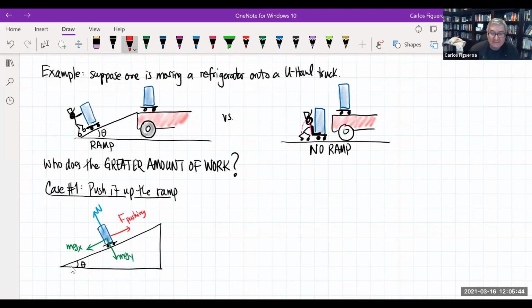Now, to make things simpler, we're going to assume that there is zero acceleration. So we have an assumption of acceleration equal to zero. In other words, v is equal to a constant. I don't have to do that, but it just makes it nicer. So there's my free body diagram.